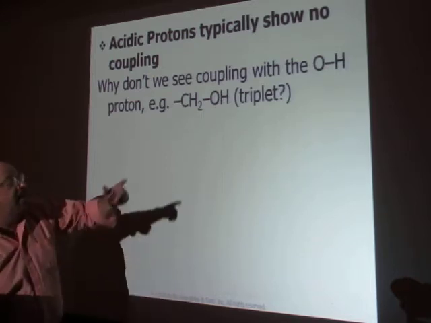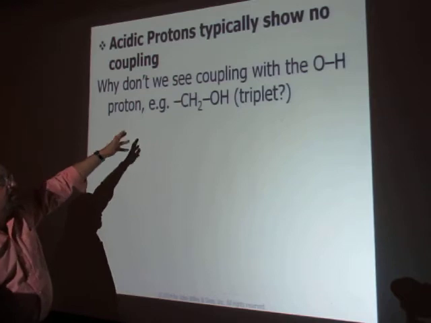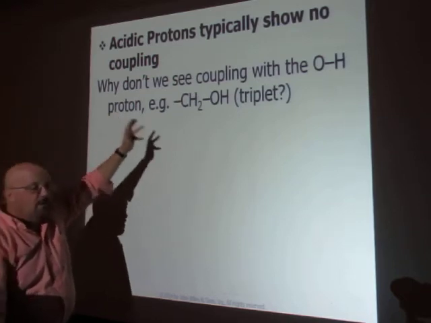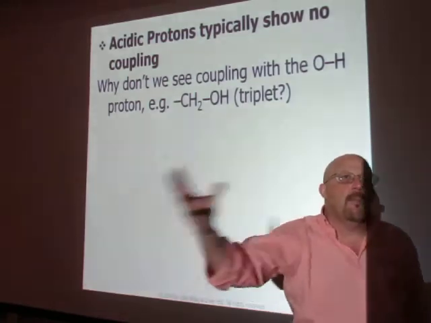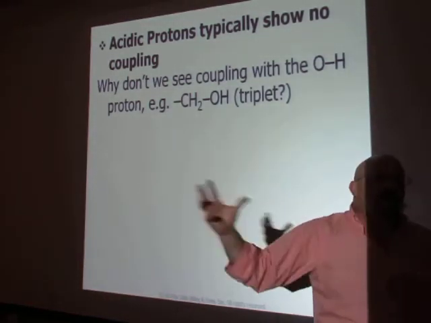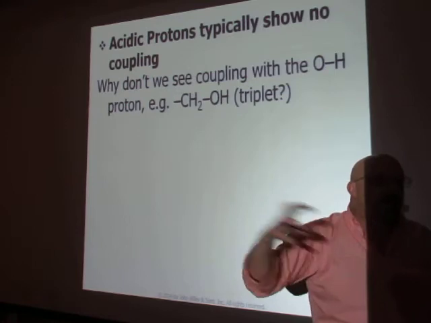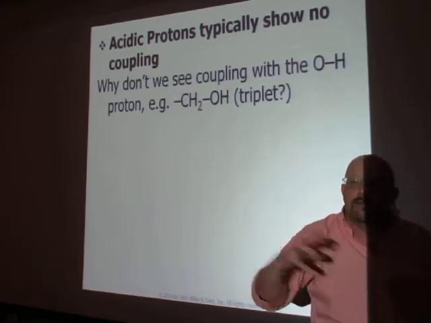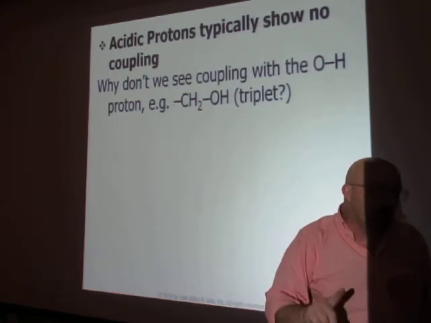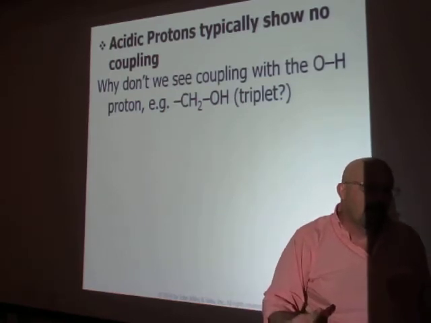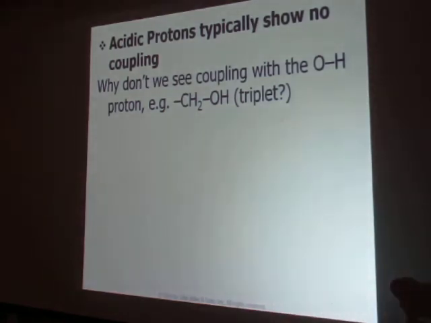Now, the reason these on oxygen or nitrogen, that's mostly what we deal with, those are acidic protons. And acidic protons are coming on and off so fast. Remember, acid-base is really fast. Any acidic proton, coming on and off so fast, it's happening faster than the NMR can operate. And so our NMR does not recognize any splittings from those.